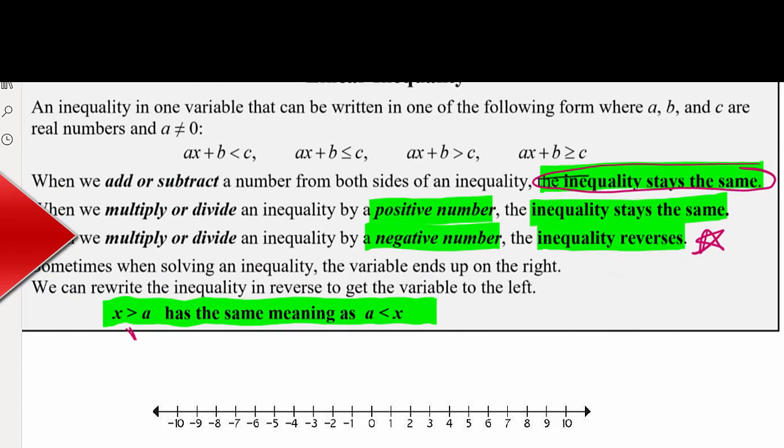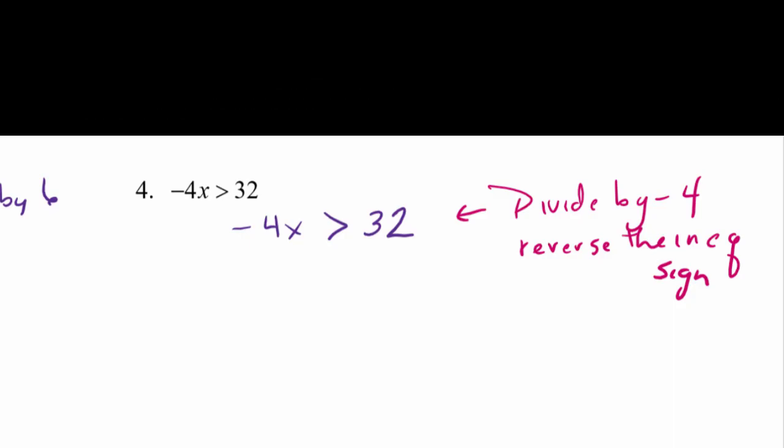When we multiply or divide both sides of an inequality by a negative number, the inequality reverses. Remember, we put little stars to remember that. So now we're going to write x is less than, and then we're going to do 32 divided by negative 4, which is a negative 8. So x is less than negative 8. So division by the negative 4 makes us reverse the inequality.